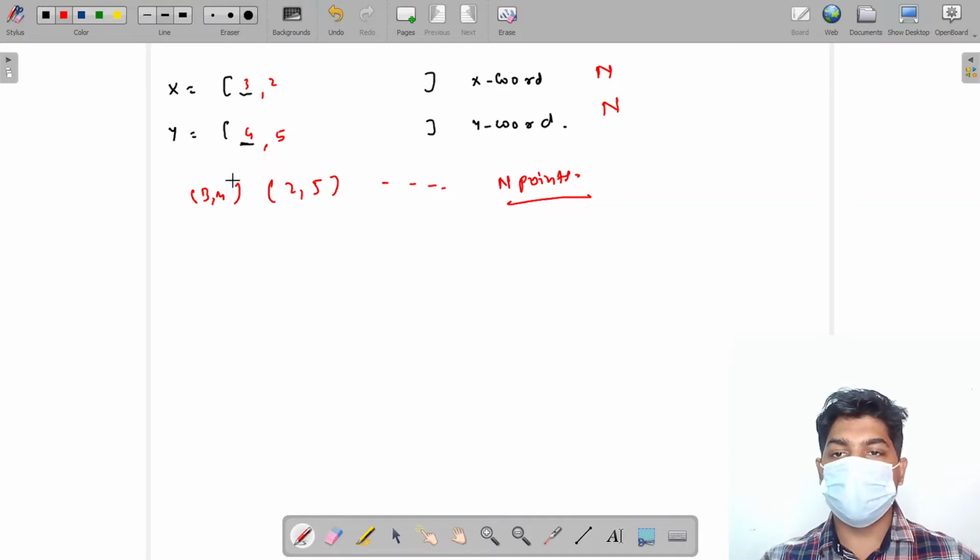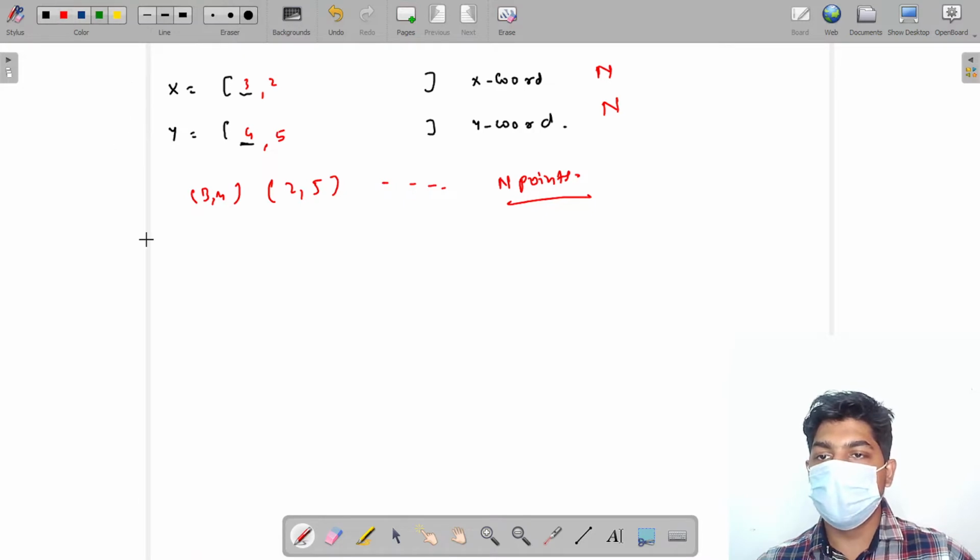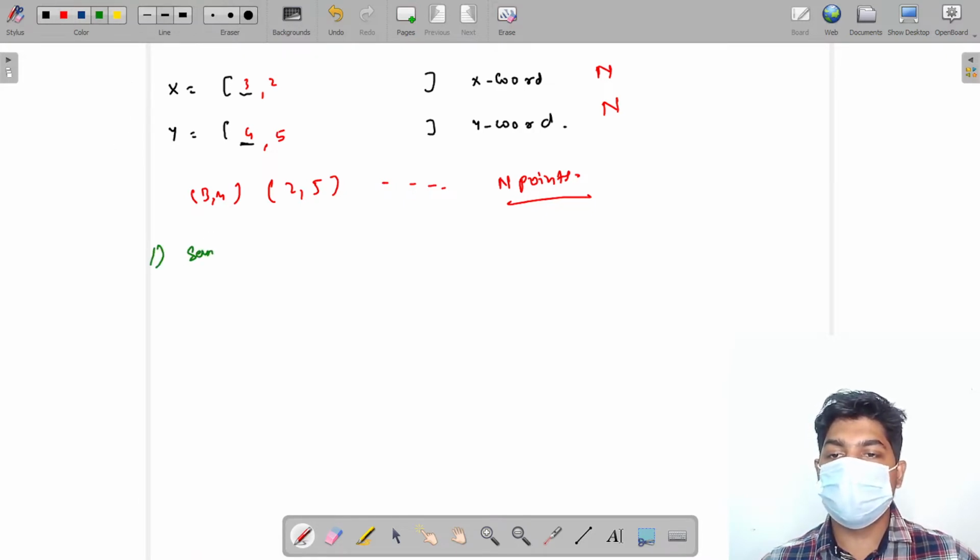Now what we have to do is tell how many points there are, among these n points, which follow these two conditions. The two conditions are that two points should have the same Euclidean distance and the same Manhattan distance.